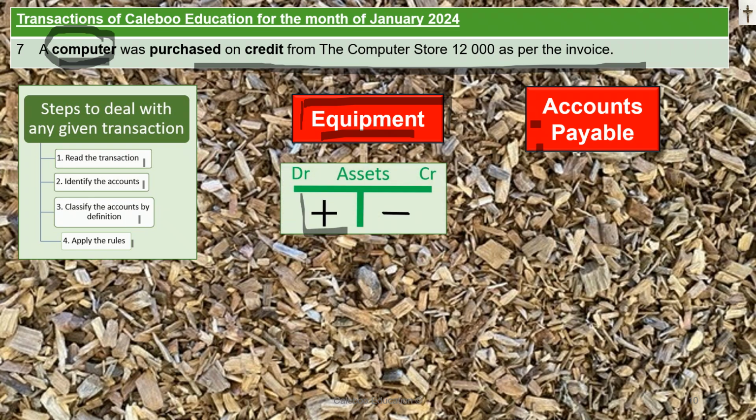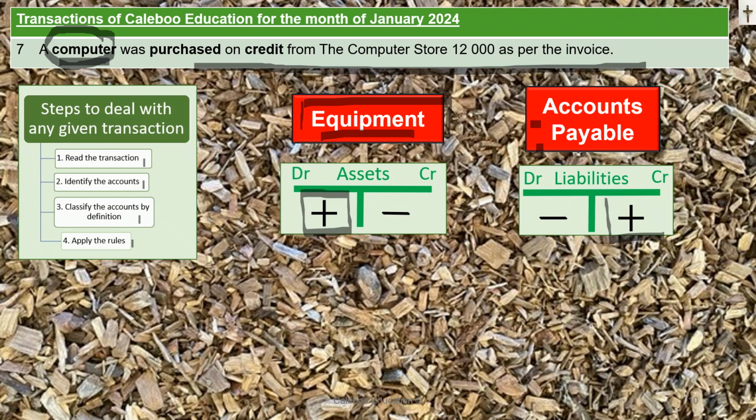Equipment, the value of our equipment has increased, but we owe more. We owe our creditors or our supplier, the computer store, that amount of 12,000 Rand, and it's included because accounts payable is a summary of all our individual creditors in the general ledger. The account's name is accounts payable. We've had a look at the rules.